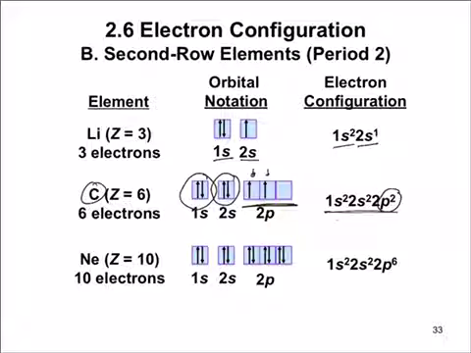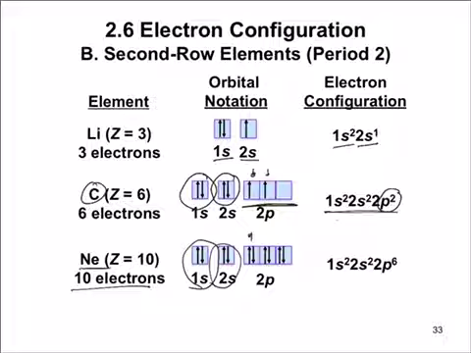Now that's one of the drawbacks behind the electron configuration. While it is shorter to write, and you don't have to draw boxes, it doesn't show us that those p electrons are actually in separate orbitals, which is kind of a nice thing to have sometimes. Now if I do neon, that's 10 electrons. I fill up the 1s, I fill up the 2s.